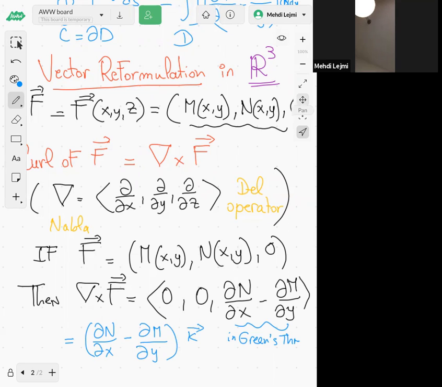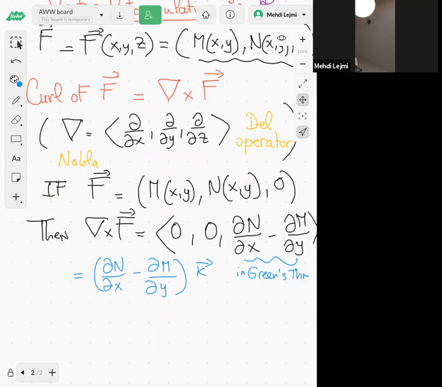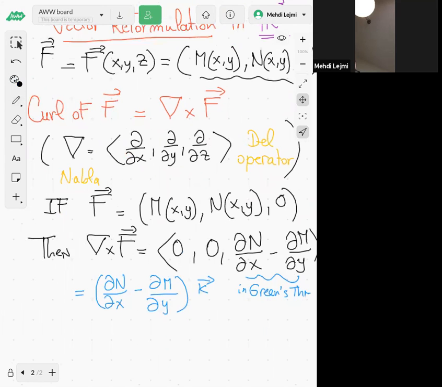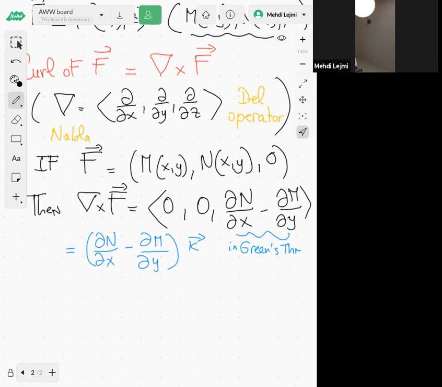The vector k is the vector 0, 0, 1, the third component of your vector.